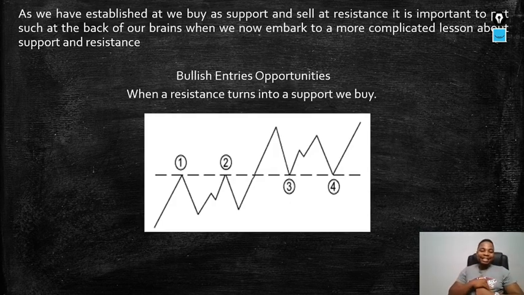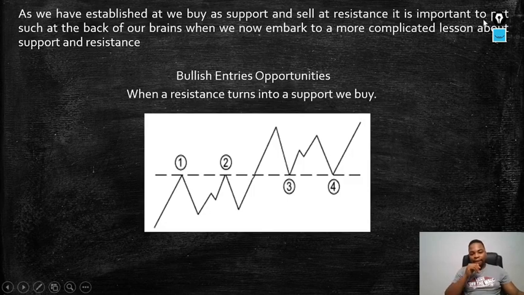When a resistance turns into a support, we buy. As you can see from this position, number 1, number 2, number 3. At number 1 and number 2, we have the so-called resistance level, and the same resistance level turned into a support level at number 3 and number 4.